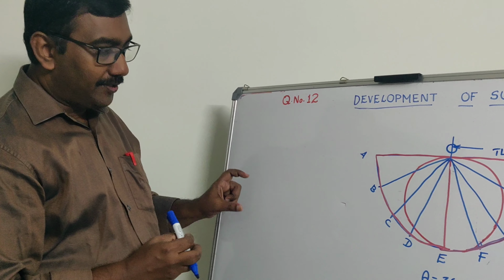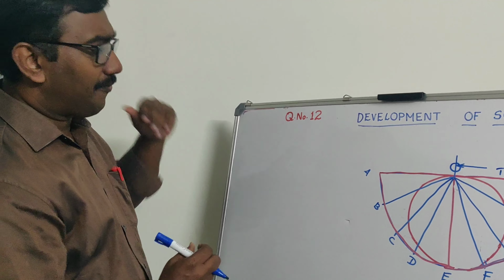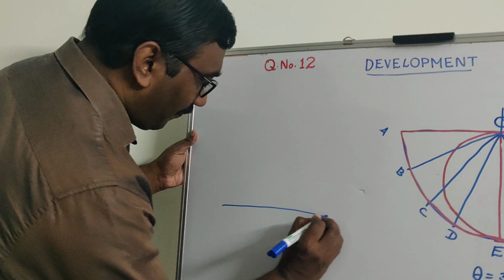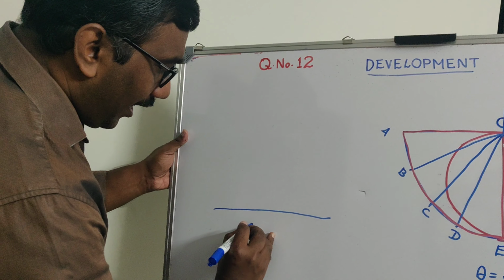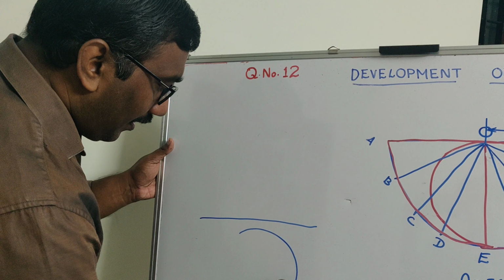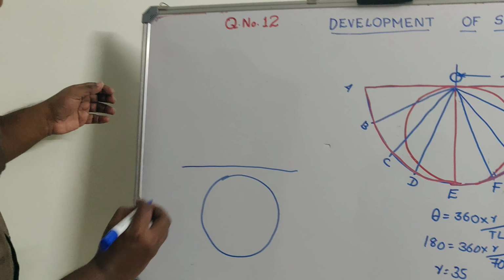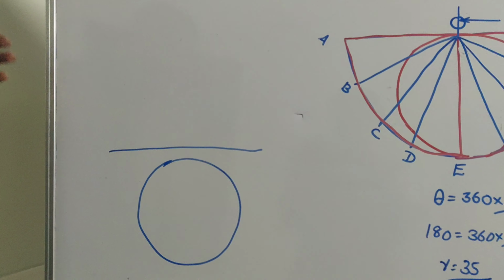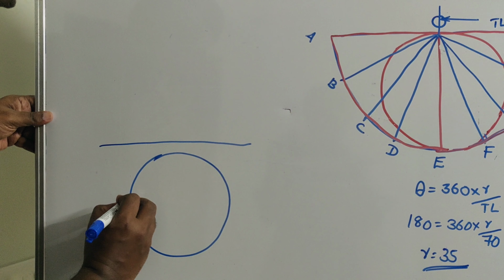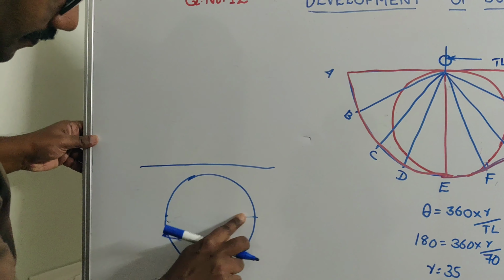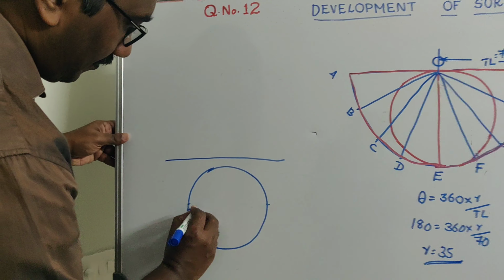We will try to draw that cone next. Initially we will draw the top view. The top view should have the radius as 35. As usual, you can divide this circle into 8 equal parts.